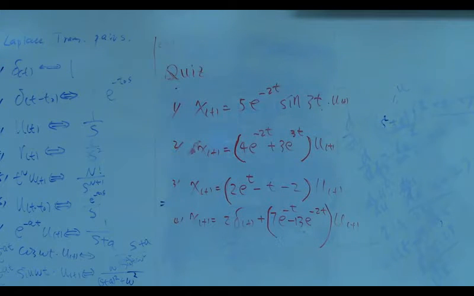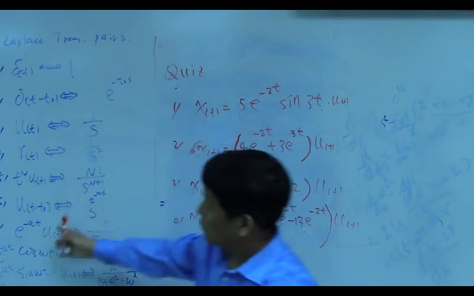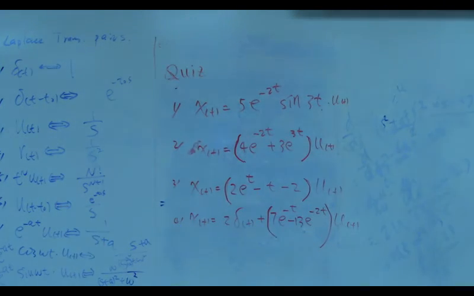If anyone finished one, let me know. t is greater than 0. So just ut, everything is t greater than 0. Yes, everyone has ut. All these have ut here. Right, so that's one-sided Laplace transform.